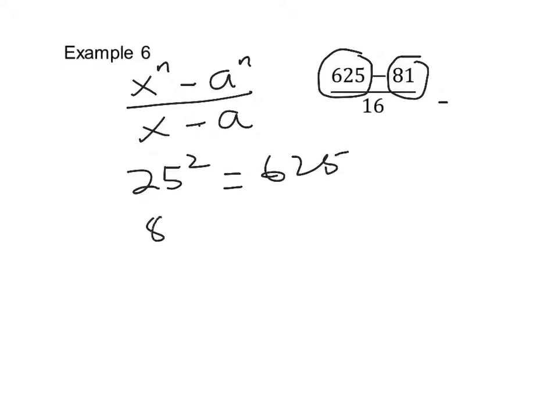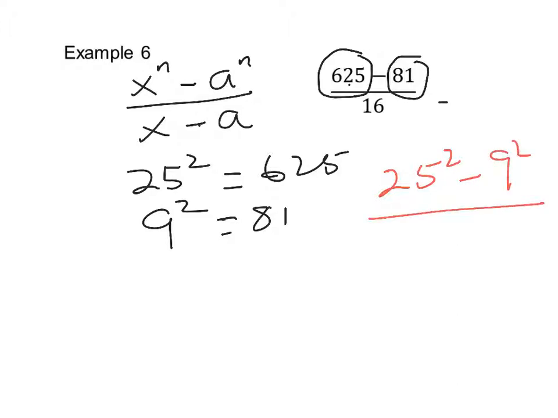And 9 squared is 81. So now we're almost there. We just recognize that squares appear this way. So this new expression will be 25 squared minus 9 squared.